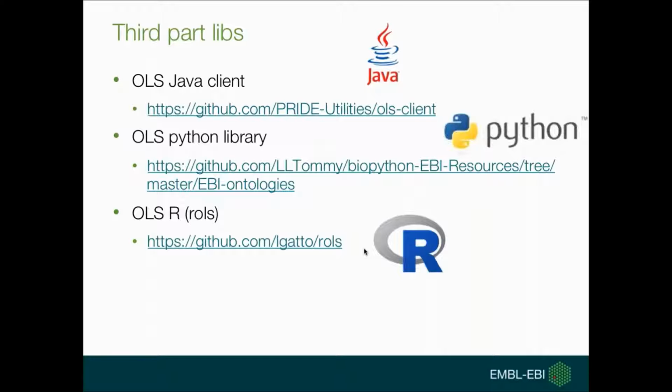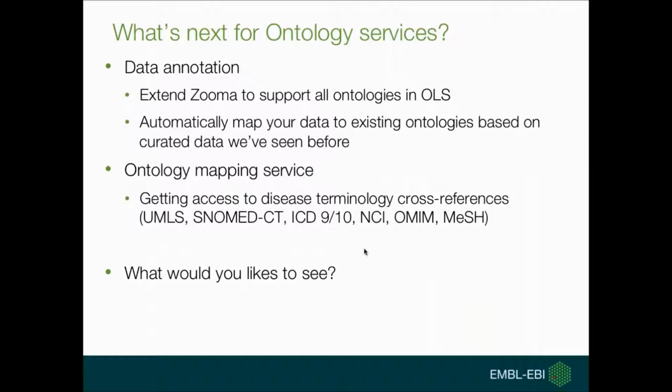So that may be of interest to some of you. I've mentioned the third-party libraries. So if you're interested in interacting with OLS or ontologies in general, you should check out some of these. All the links are up there. They're all on GitHub, all these projects.